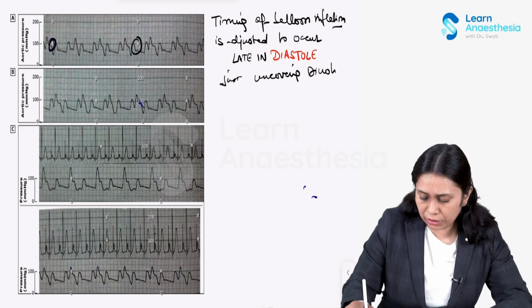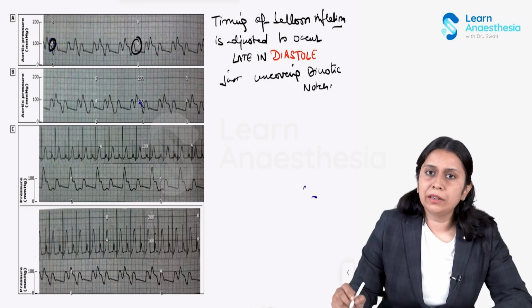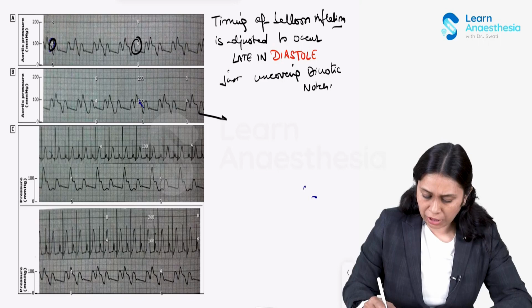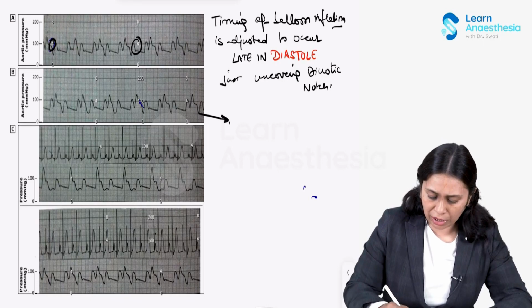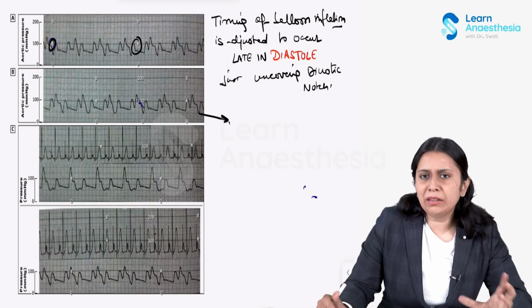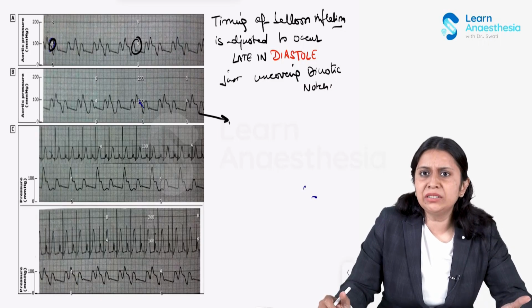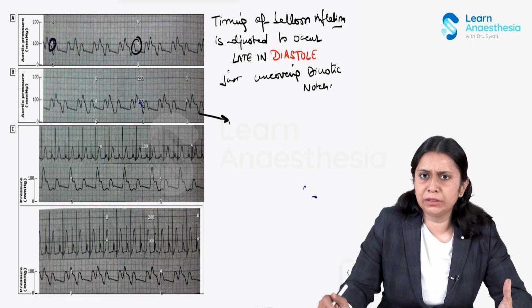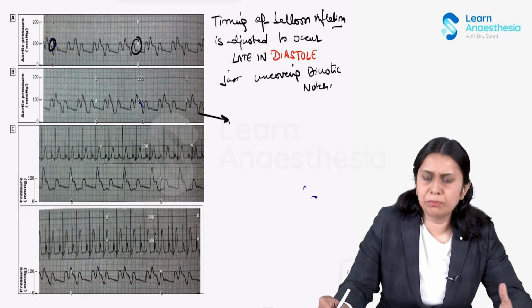And the timing of deflation is set in such a way that it happens when the unassisted diastolic dip is 10 to 15 mm of Hg, for maximum benefit.